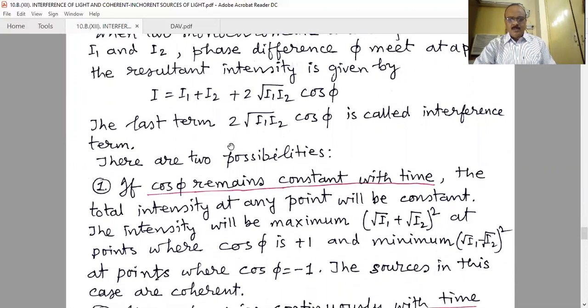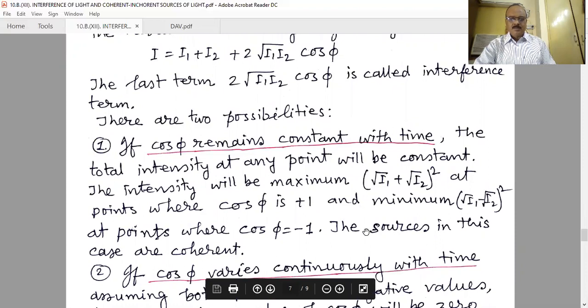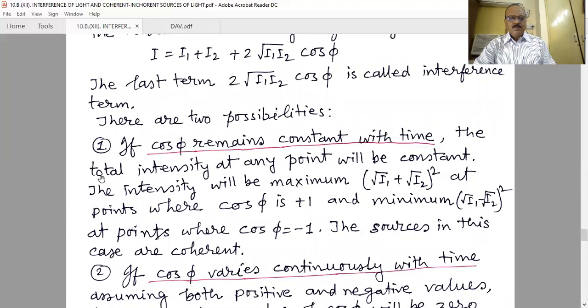Now there are two possibilities. Number 1, if cos of phi remains constant with time, and number 2, if cos of phi varies continuously with time. If cos of phi remains constant with time, the total intensity at any point will be constant. The intensity will be maximum, root over I1 plus root over I2 whole square, when cos of phi is 1. And the minimum will be root over I1 minus root over I2 whole square; we can get it from this formula.